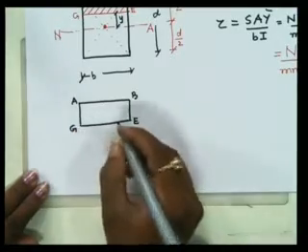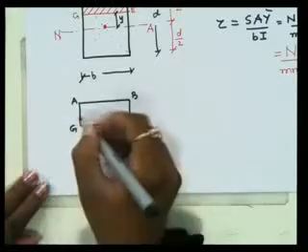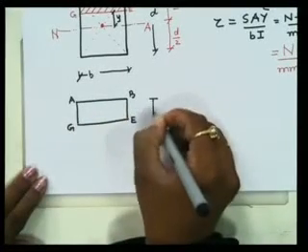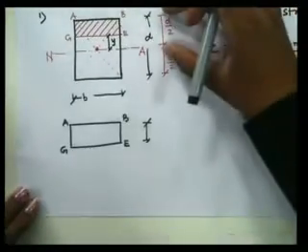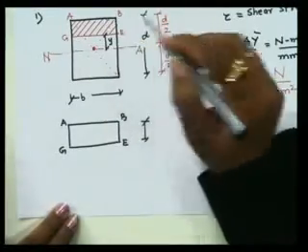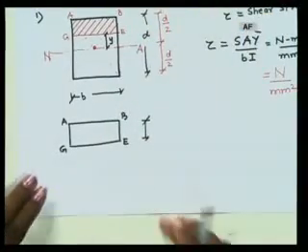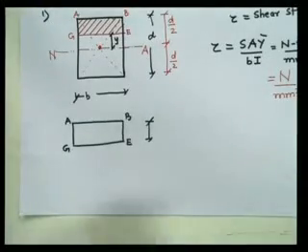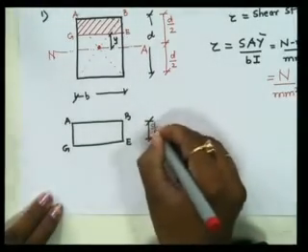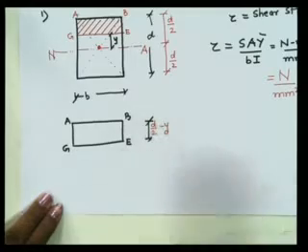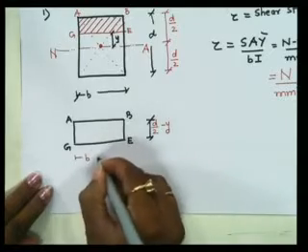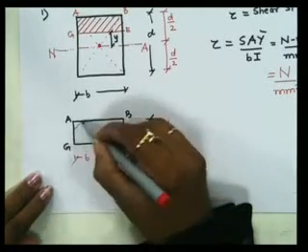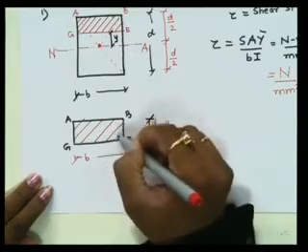This distance is D by 2, and this is y, so this much distance is D by 2 minus y. And this is our width B. This is the shaded area we are taking into consideration.